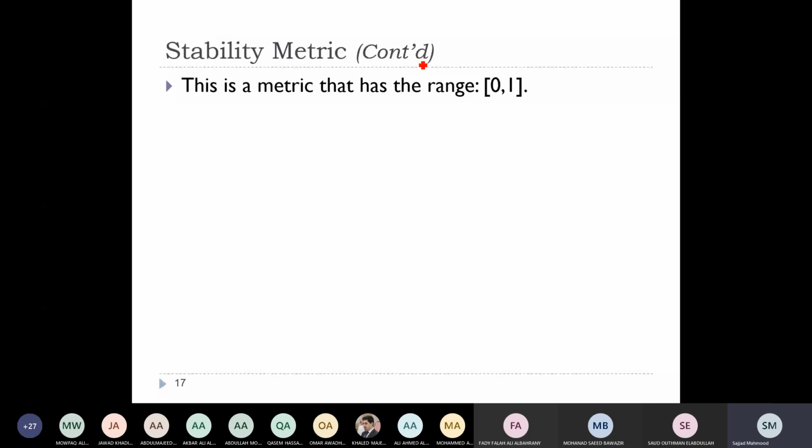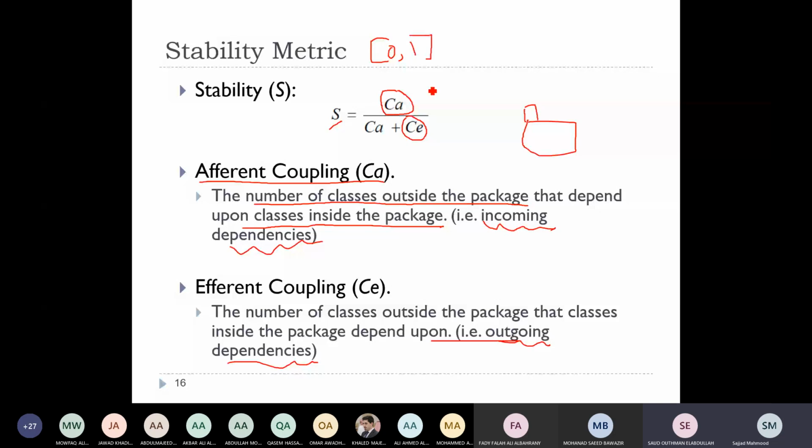Now, when will it be 1, or let's start with 0. When will it be 0? When the value of S will be 0?